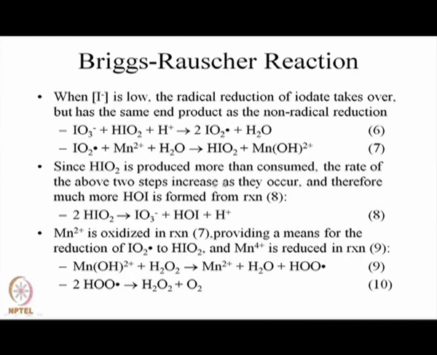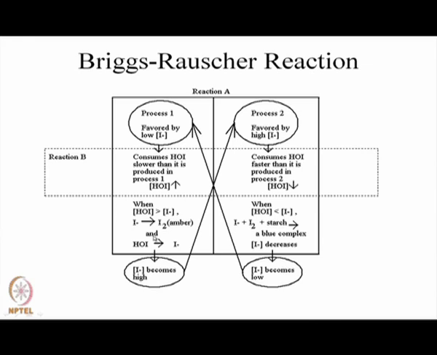That is why we have written here I minus to I2 and also HIO2 to I minus, and as a result of this particular step, I minus tends to increase. The moment the concentration of I minus increases, what is happening? This process is taking over from this process. So, then the non-radical process is prevalent because the concentration of I minus has become high.